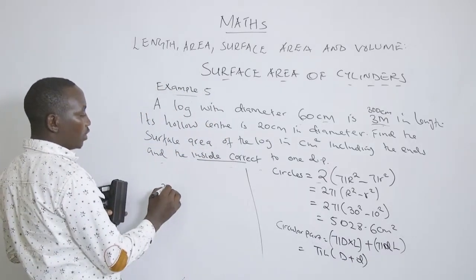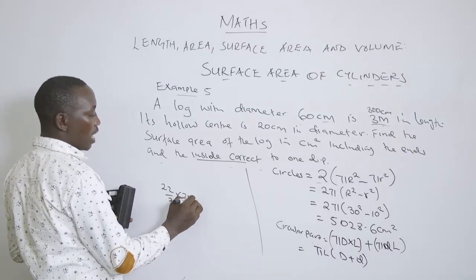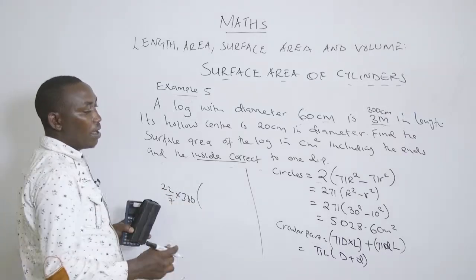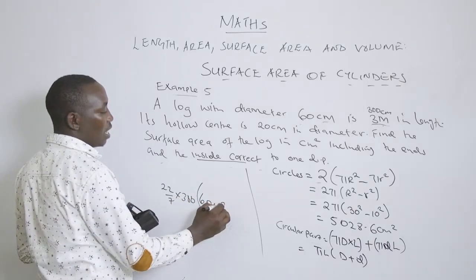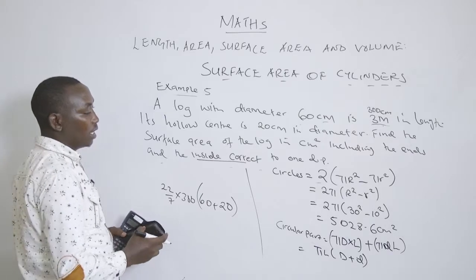which is going to give us 22/7 multiplied by 300 into the bigger diameter, 60 centimeters, and the smaller diameter, 20 centimeters.